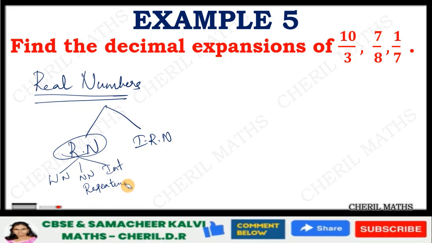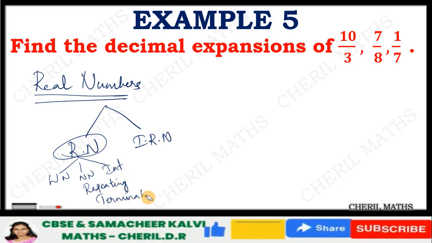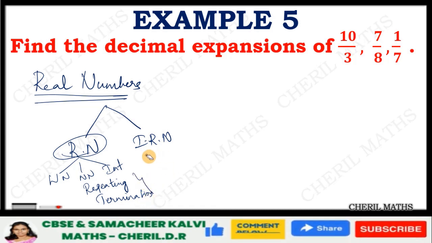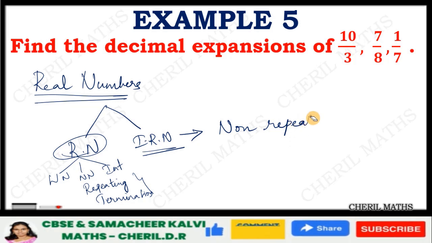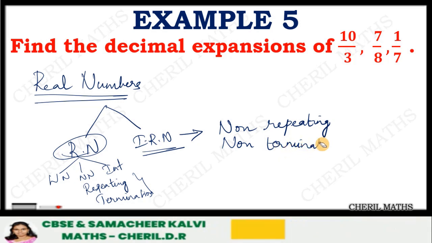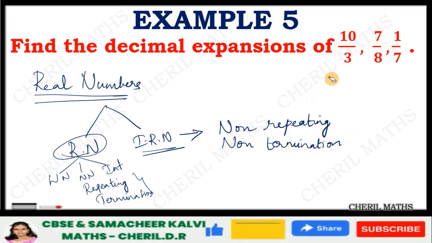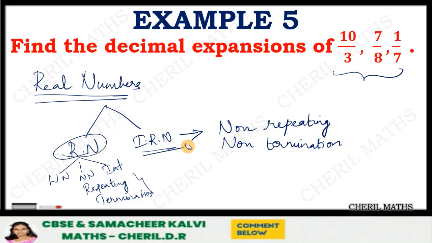With this, you will be able to say that your irrational numbers are decimal expansions which are non-repeating, or you can say non-terminating. So let us try to find out the decimal expansion of these, and we'll try to categorize if it is going to come under rational numbers or irrational numbers.